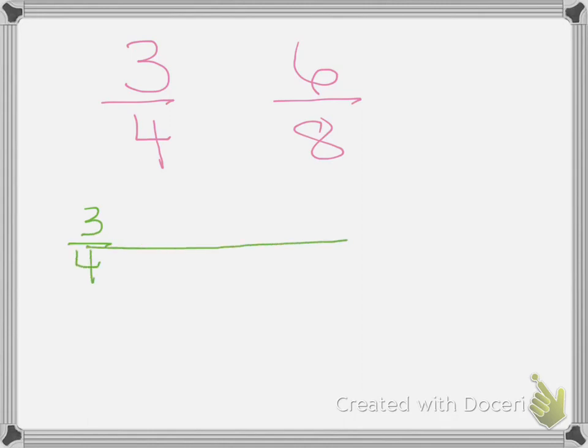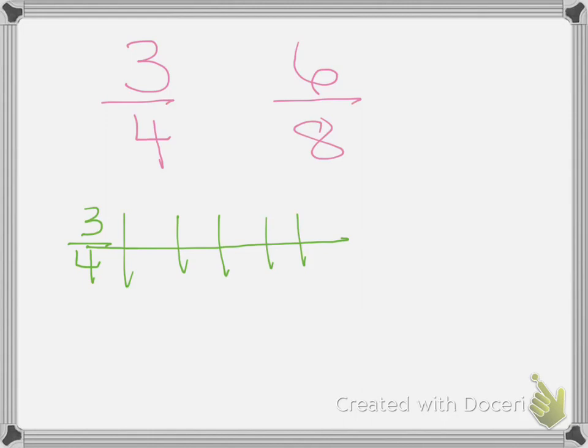Okay, so if we have the fractions 3/4 and 6/8, what we're going to do is rewrite those fractions and make what's called a reverse t-chart. We're going to start with 3/4. I'm going to stretch it out, and I'm going to find all the multiples of 3 and all the multiples of 4.